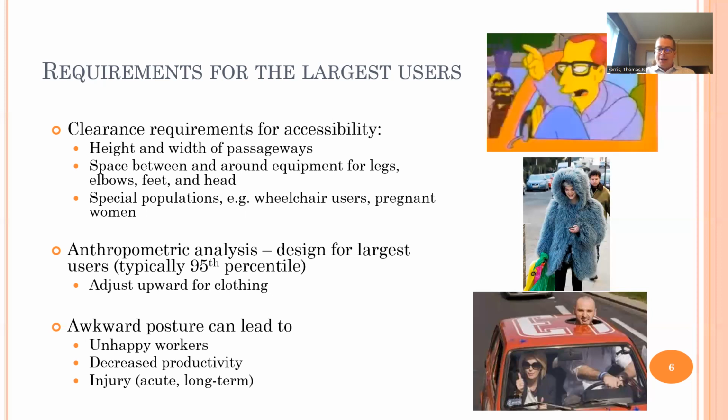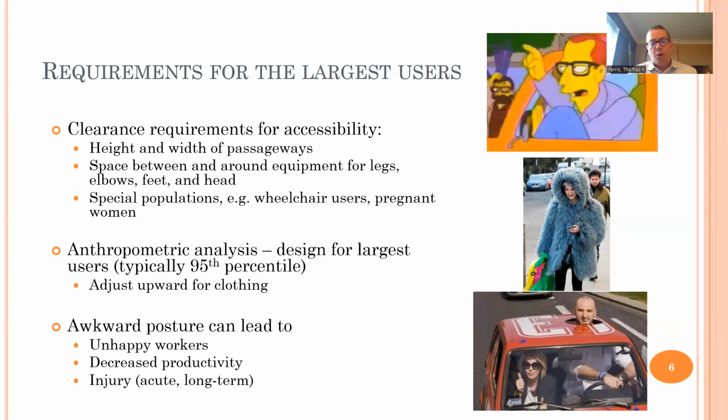All right. So why is this important? If the tallest users are not able to access controls, etc., they cannot perform as effectively in that system. So it's going to limit those who can serve that role. Or you put them in there and they don't fit, and they have awkward postures, and these postures lead to physical problems.